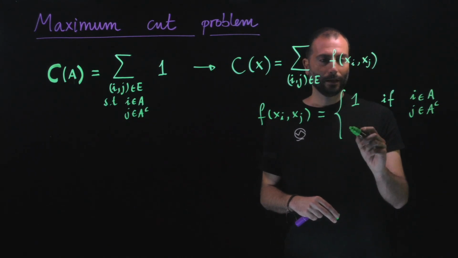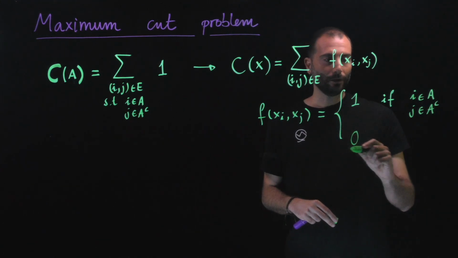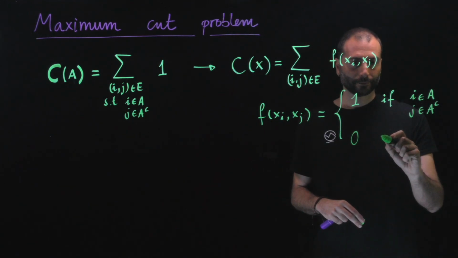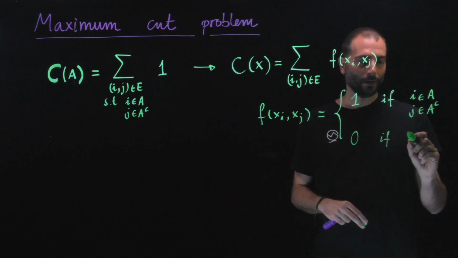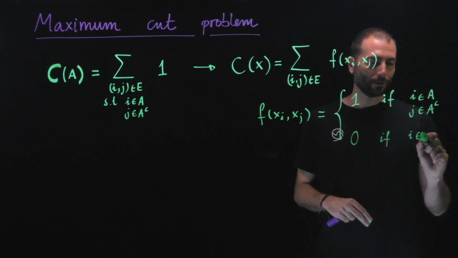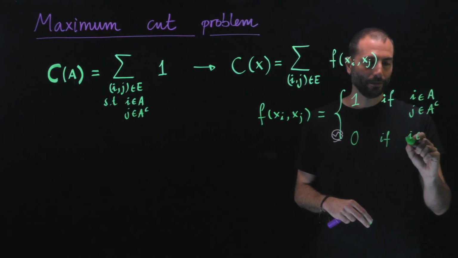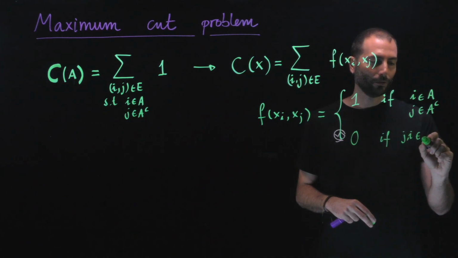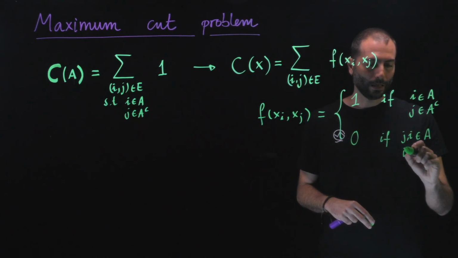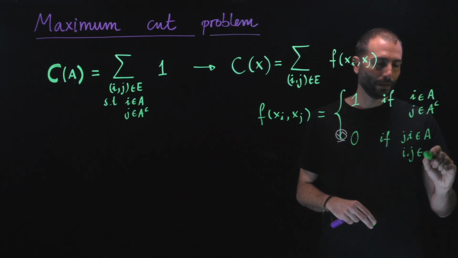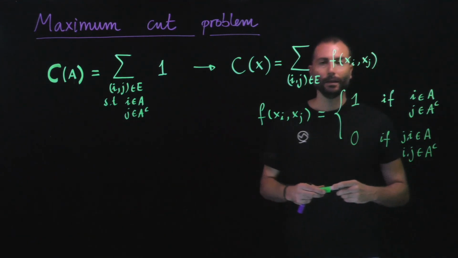Good. And we want that it takes the value 0 otherwise. So if both I and J belong to A, or I and J belong to A complementary.